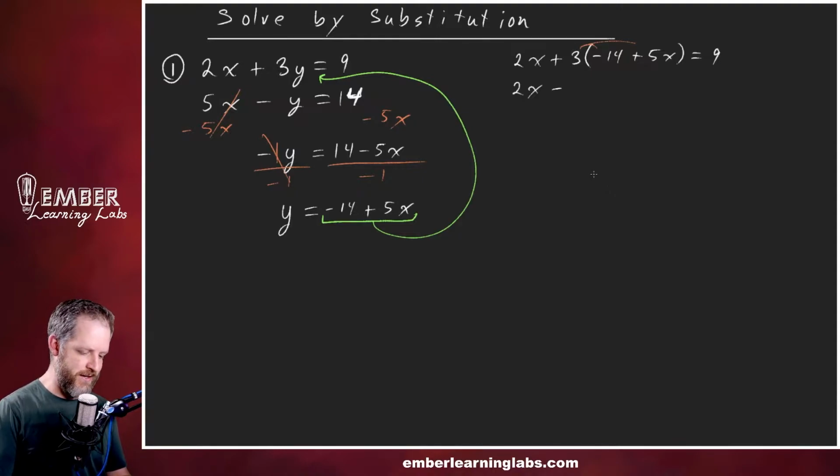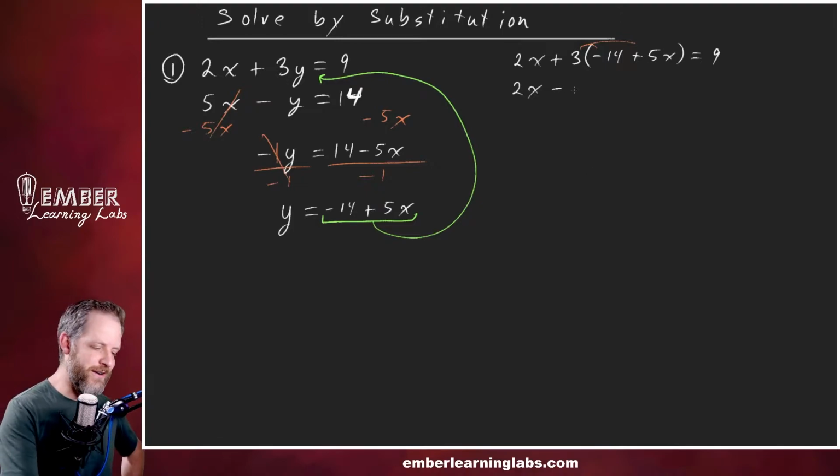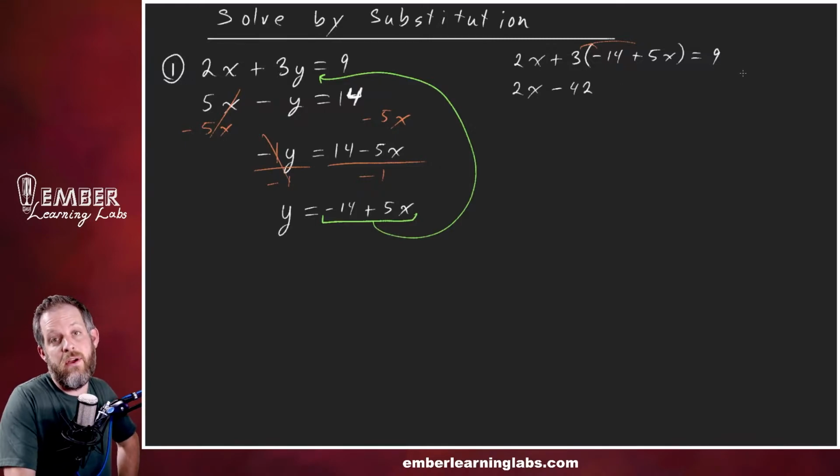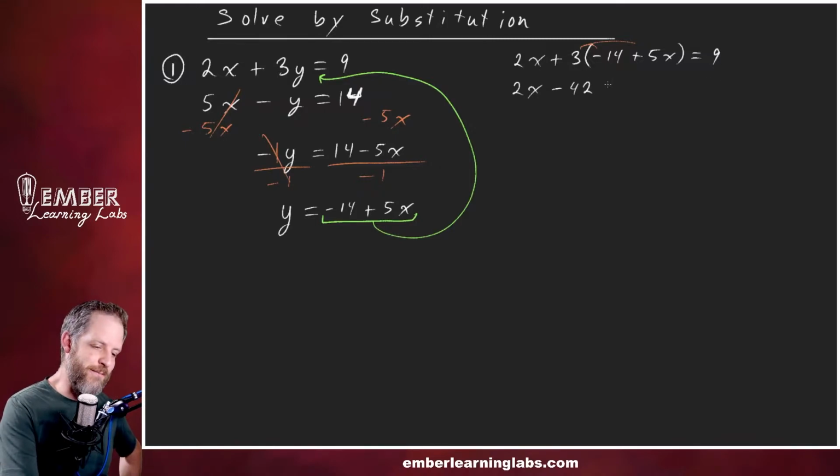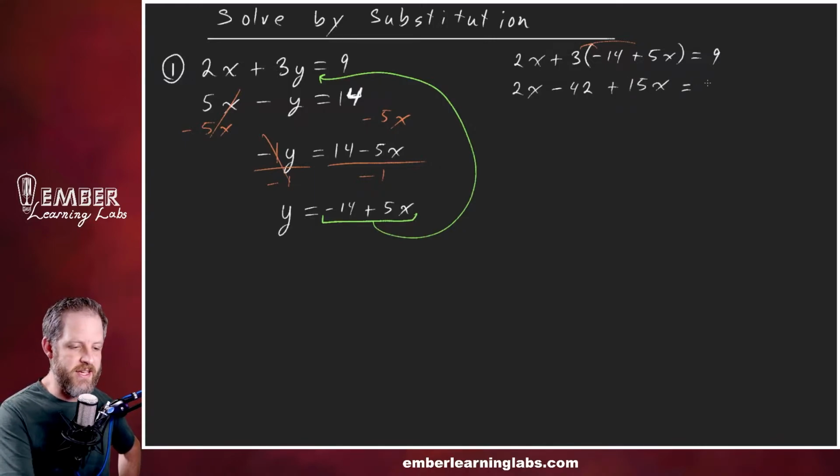I'm going to sanity check just so I don't accidentally write something down wrong. So how about negative 42? Not that I won't write things down wrong. This turns into 15x. But why not take a sanity check? No big deal, right?